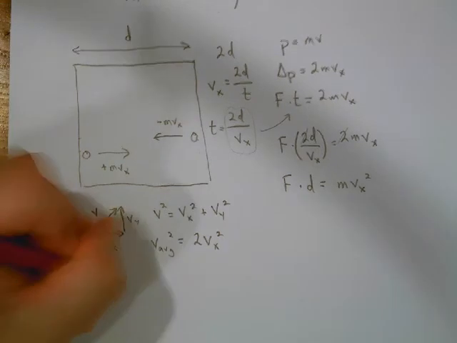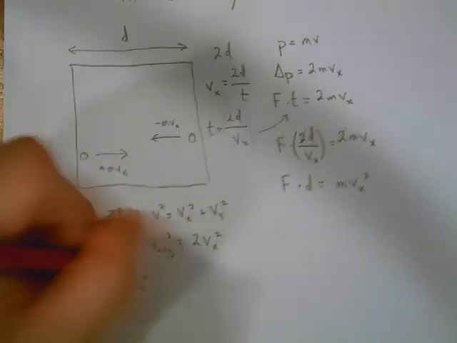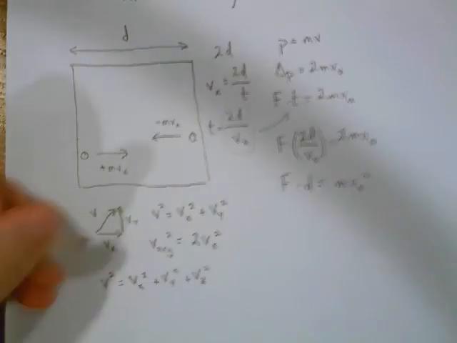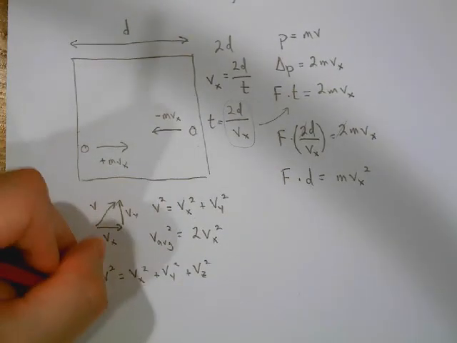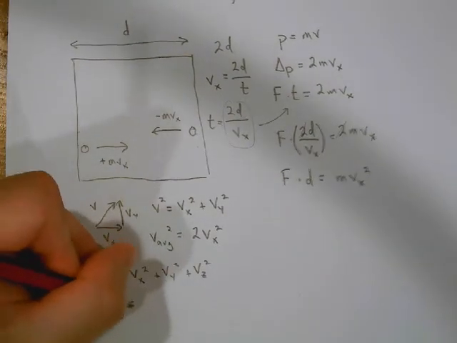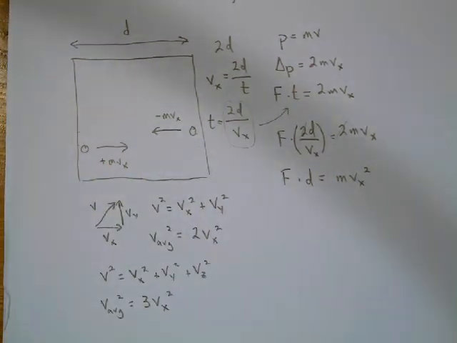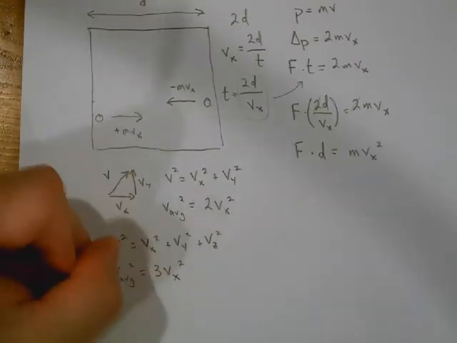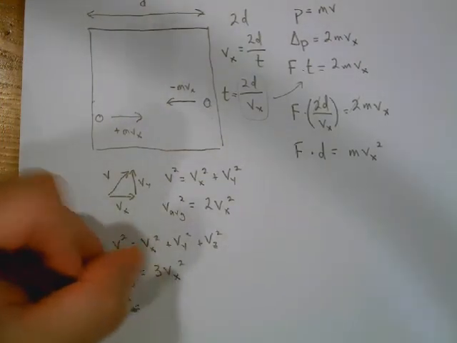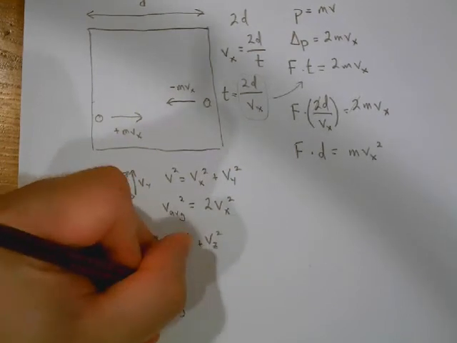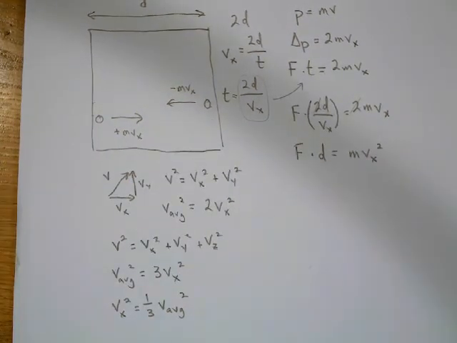So really, I should have v squared equals vx squared plus vy squared plus vz squared. And then again, on the average, they all should be the same, so I'm going to end up with that. And then, if we do a little bit of algebra here, you would end up with vx squared equals 1/3 of the average v squared. Okay?